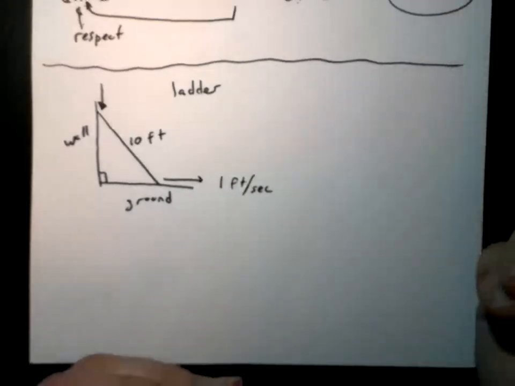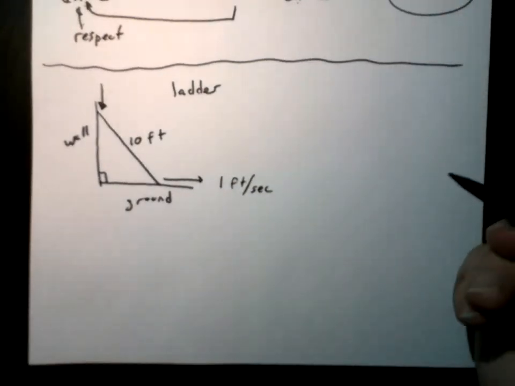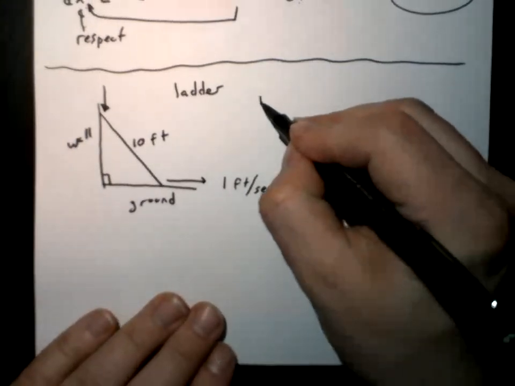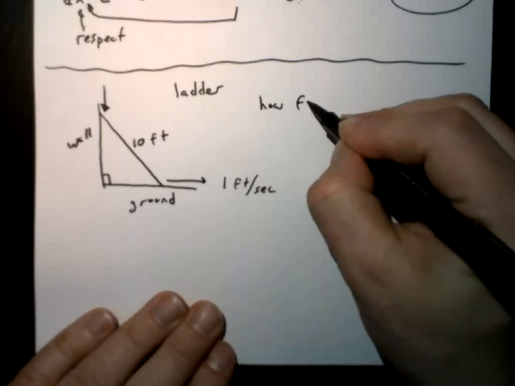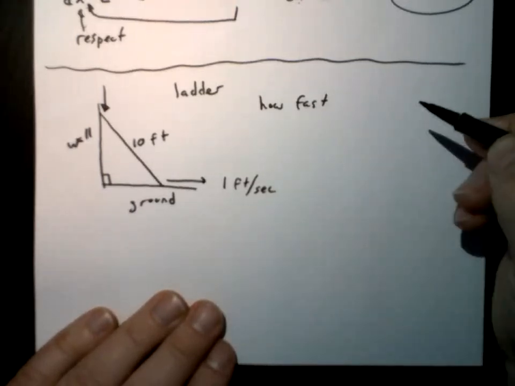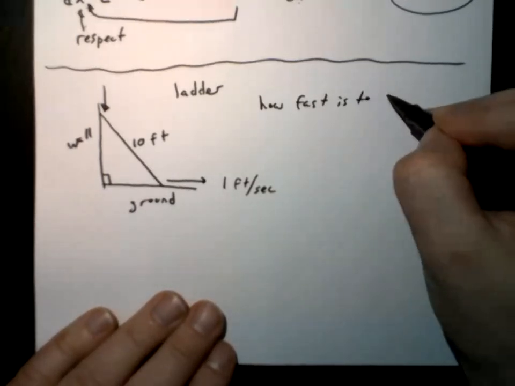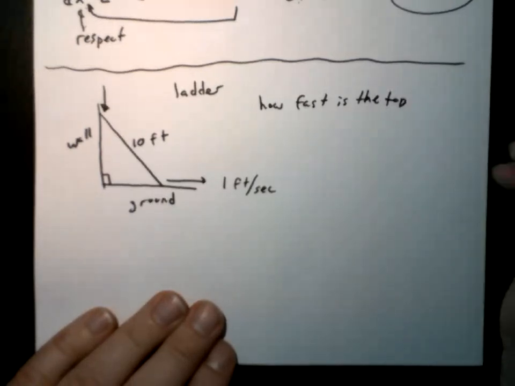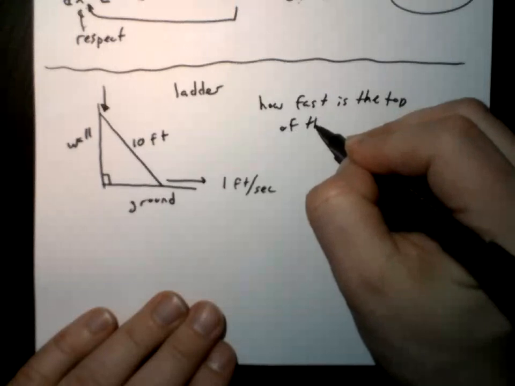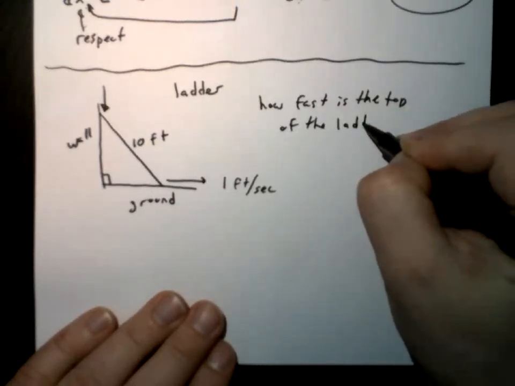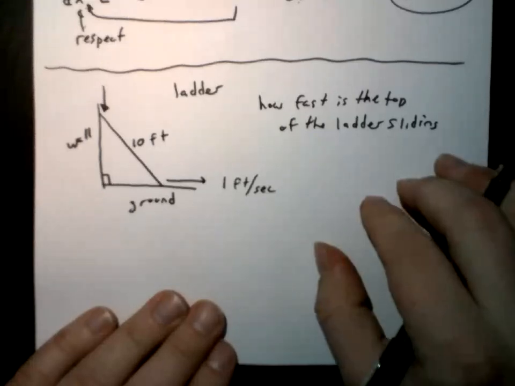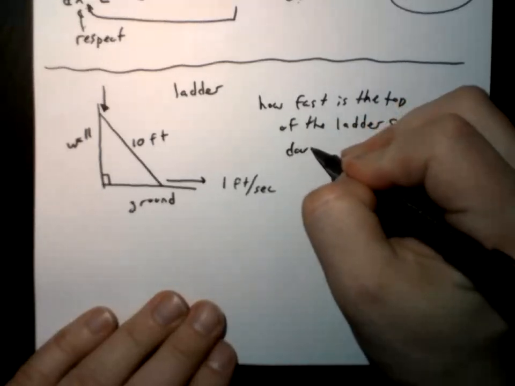So let's find some stuff about this. Maybe we want to find this. We want to say how fast, what's the rate, is the top of the ladder sliding down the wall?